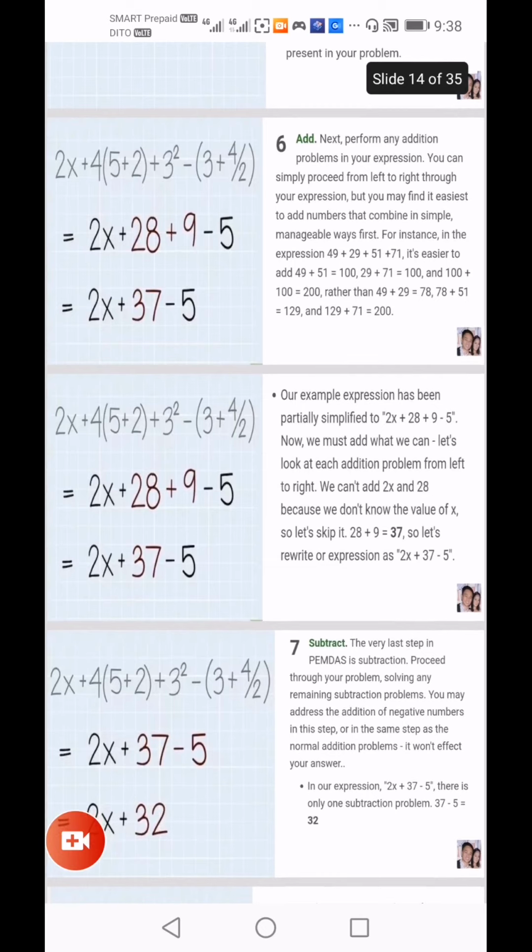Number 6. Add. Next, perform any addition problem in your expression. You can simply proceed from left to right through your expression, but you may find it easiest to add numbers that combine in simple, manageable ways first.